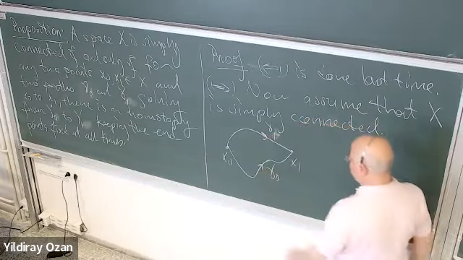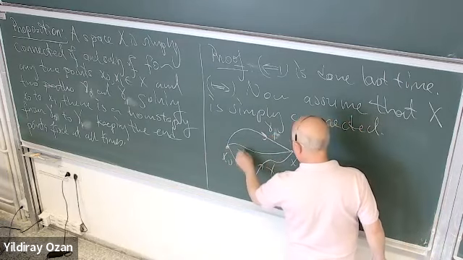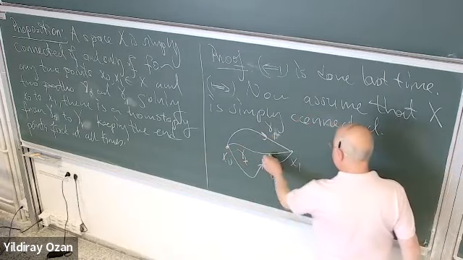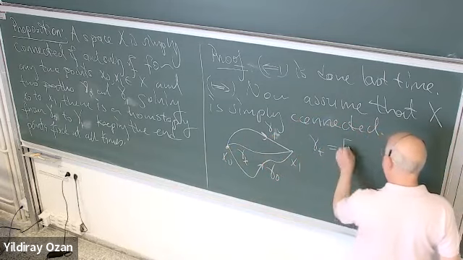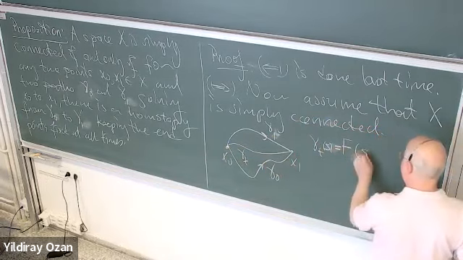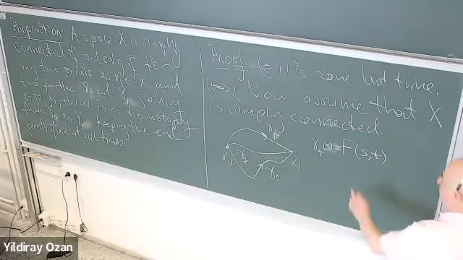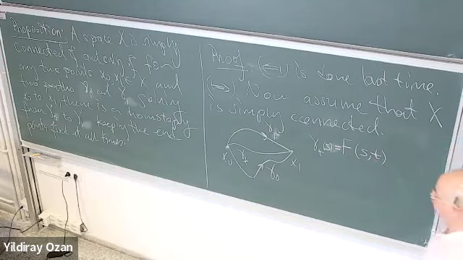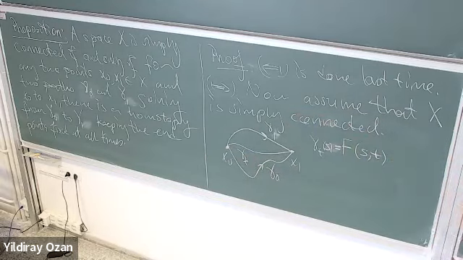Öyle ki homotopinin her adımı, any step of the homotopy, so gamma t will be just f, gamma t s will be just f s t. Okay, so any time t map of the homotopy will keep these endpoints.